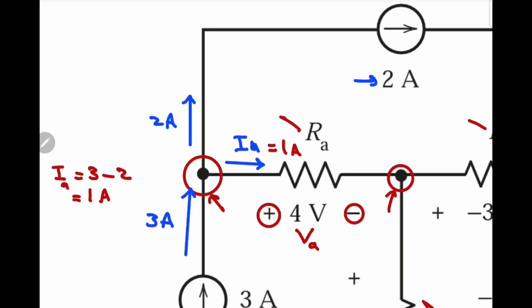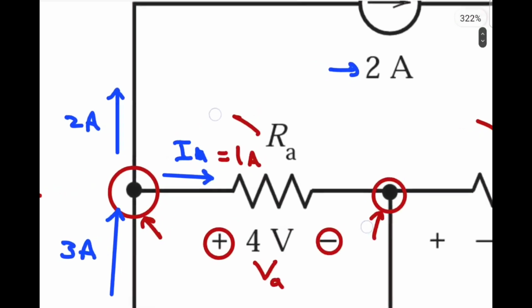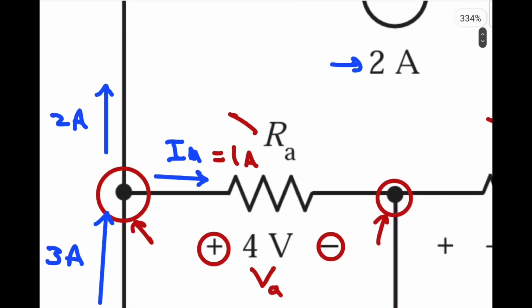So RA is equal to the voltage, 4, divided by the current, 1, which gives us 4 ohm.